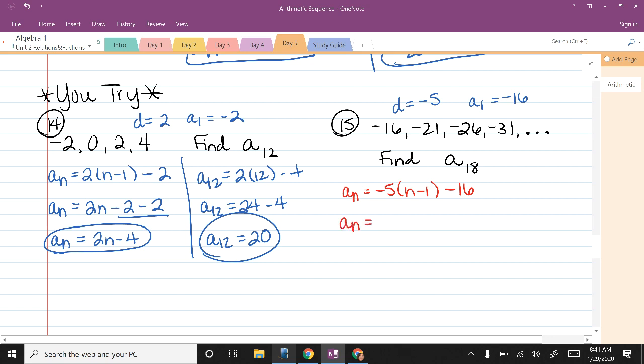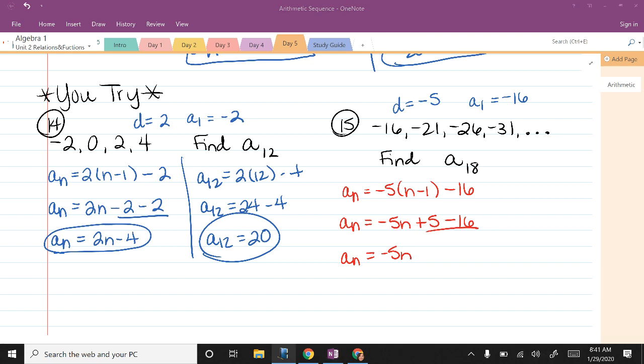A sub n equals negative 5n plus 5 minus 16. Everybody okay there? Then what? Like terms. So A sub n equals negative 5n minus 11. There's my rule.